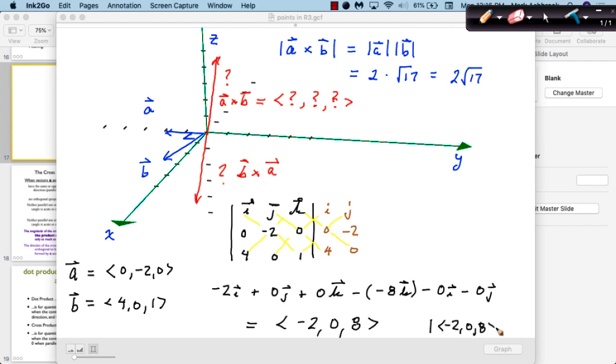What should it be? It better be 2 radical 17 or we did something wrong, right? So the magnitude is the square root of 4 plus 64, square root of 68, which is 4 times 17 under the radical, so 2 radical 17. Got it.